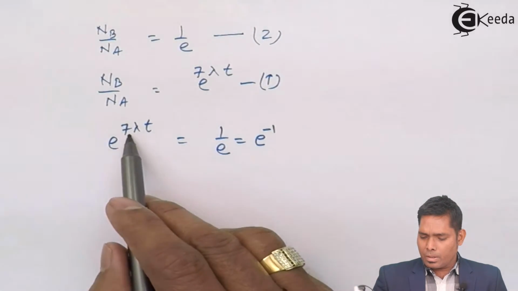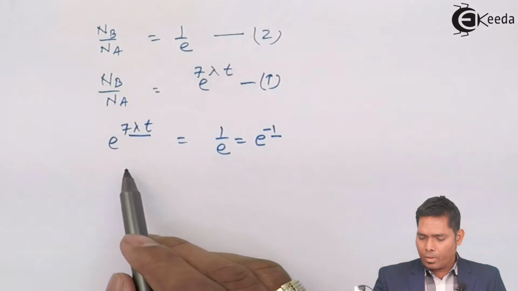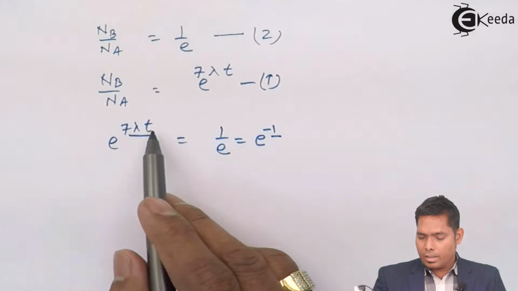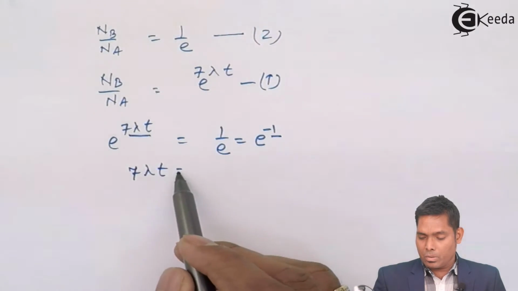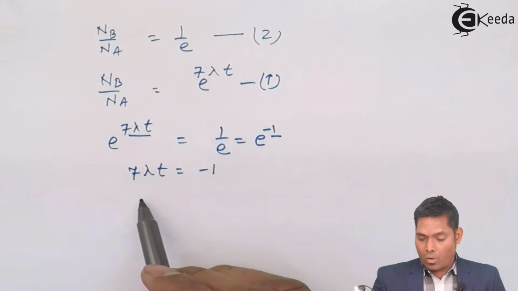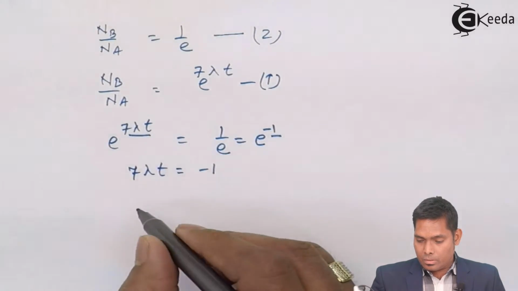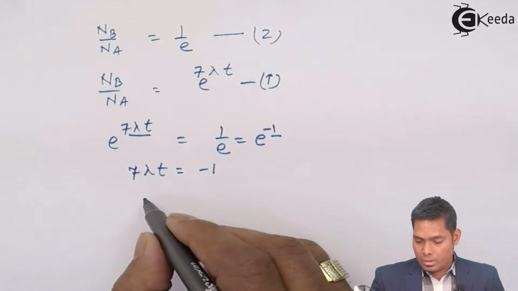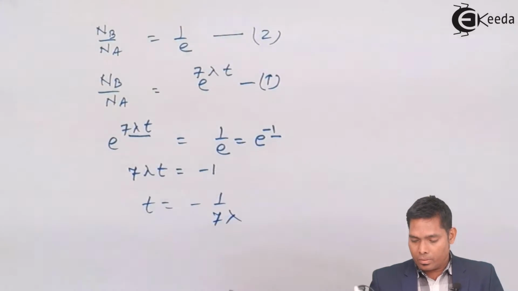So if e to the power something is equal to e to the something, then the something must be the same. 7 lambda t must be equal to minus 1, that is t equals minus 1 over 7 lambda.